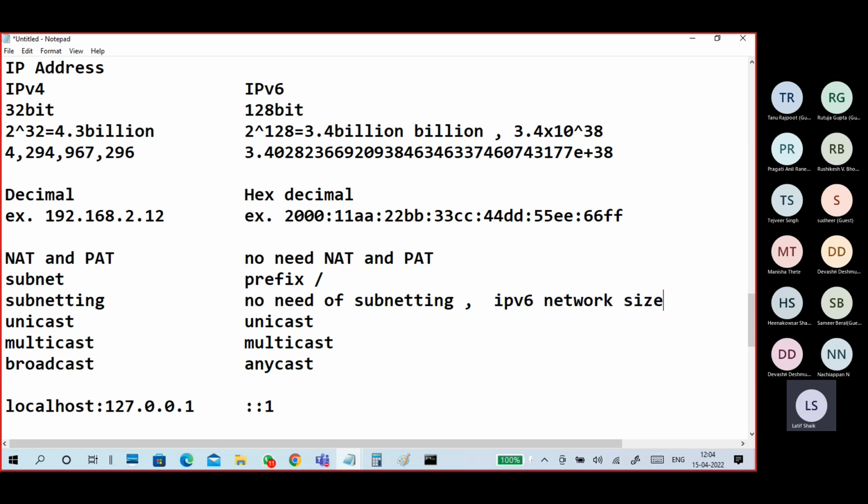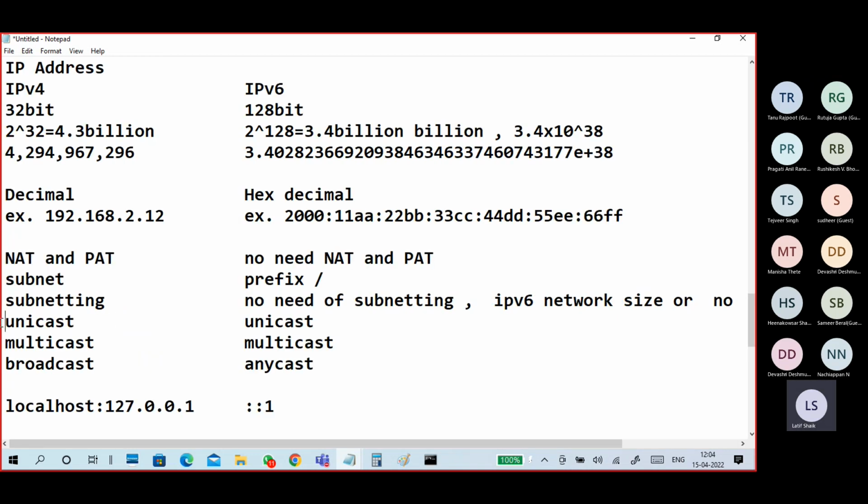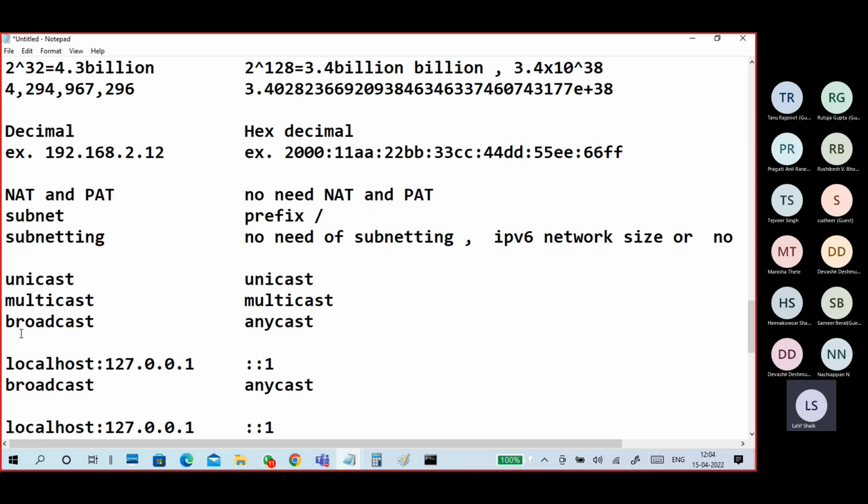Network size and the number of hosts per network are more. That's it.